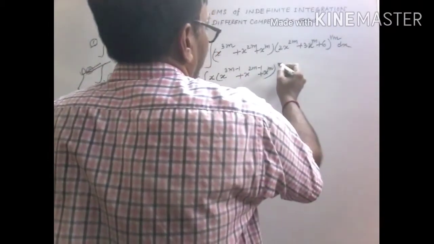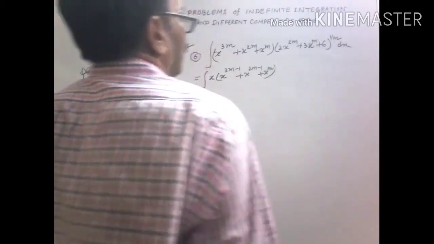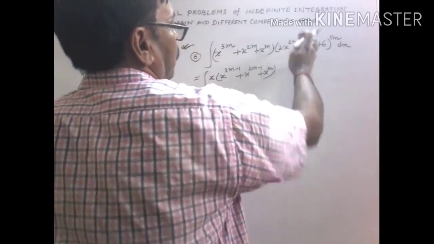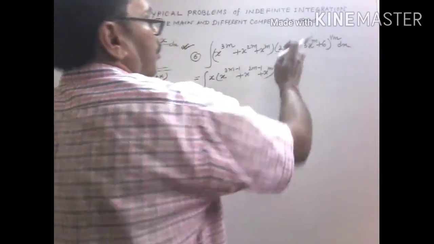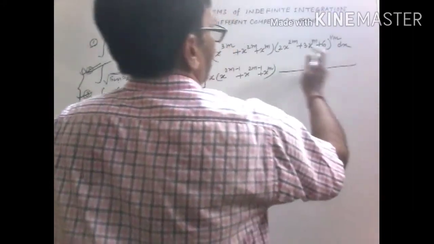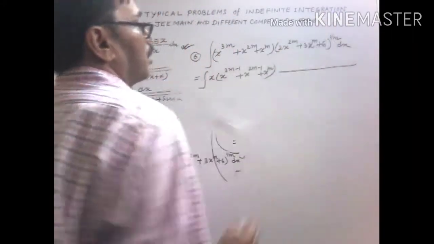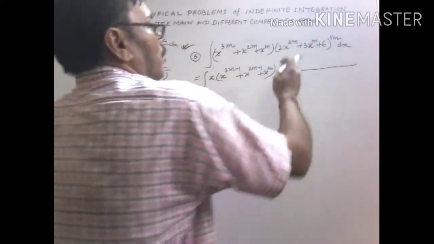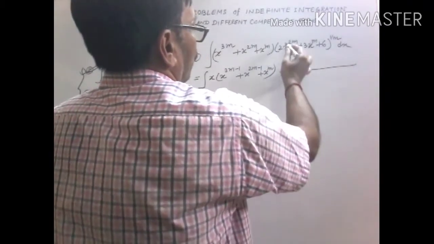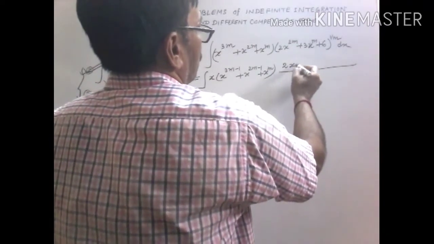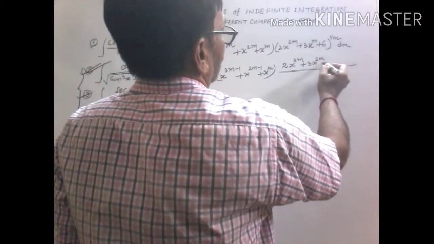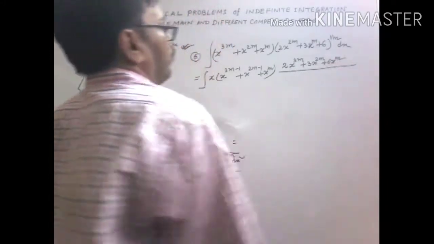Now if we multiply it by x to the power m, then the power is 1 by m. So look: 2 into x to the power 3m, 3 into x to the power 2m, 6 into x to the power m.